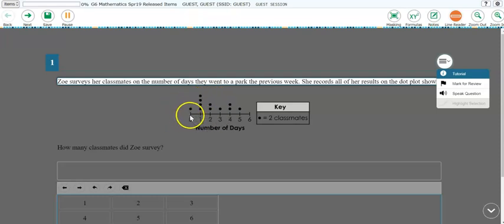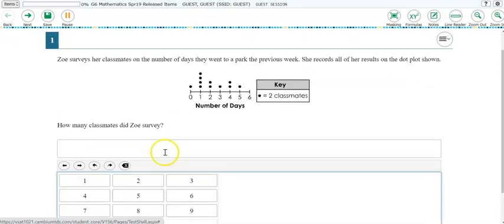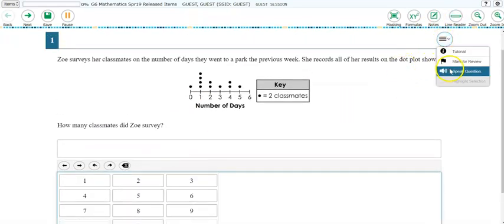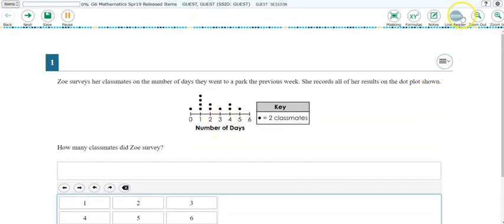It's going to say 0 has 1 dot or whatever it is. It's just going to explain everything, including I think the calculator down here below that's available. So you want to make sure that you click on this and put stop speaking once the question is read. So that's how you do line reader.